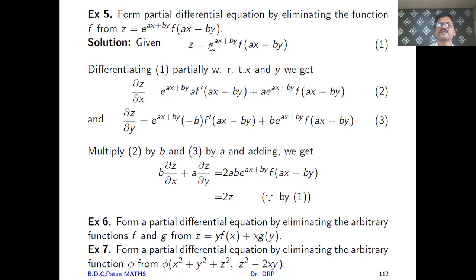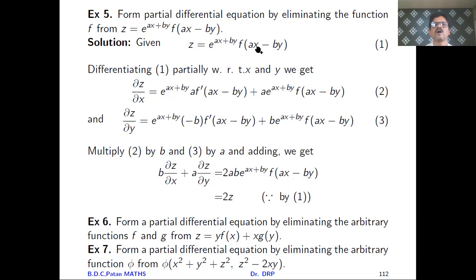Similarly, y is present in this exponential function as well as in this function f. So while differentiating the right hand side partially with respect to x or y, x is present in both functions, and y is also present in both functions. So you have to use what? The product rule for differentiation.